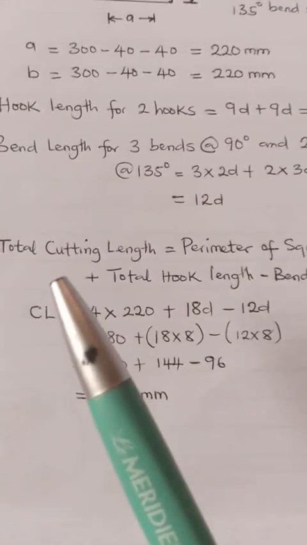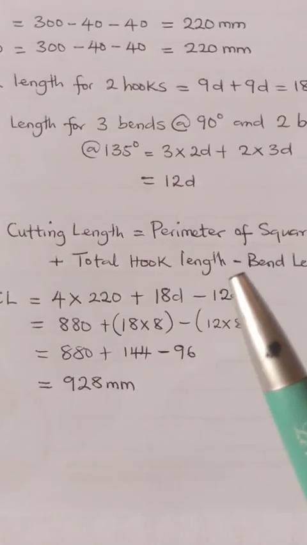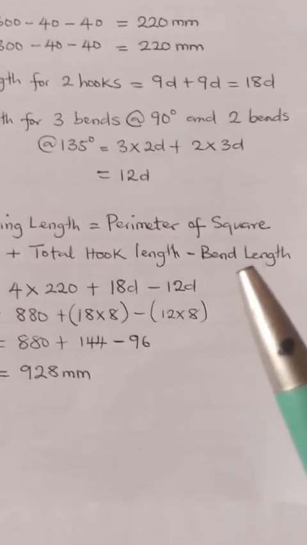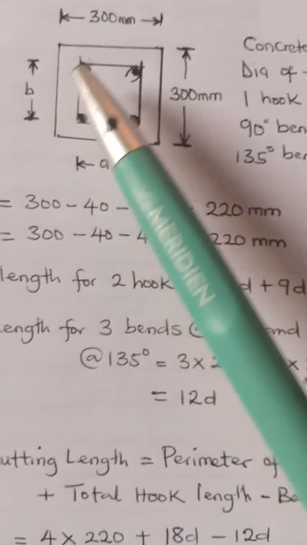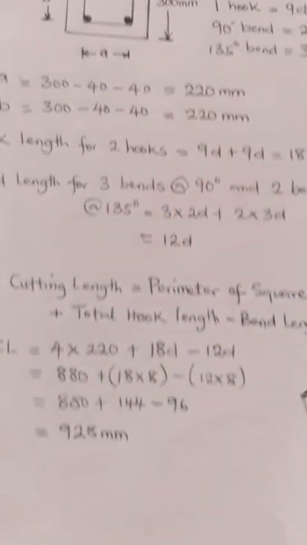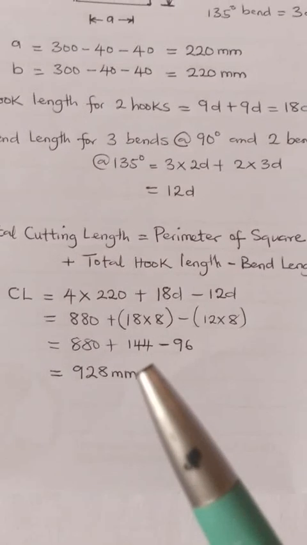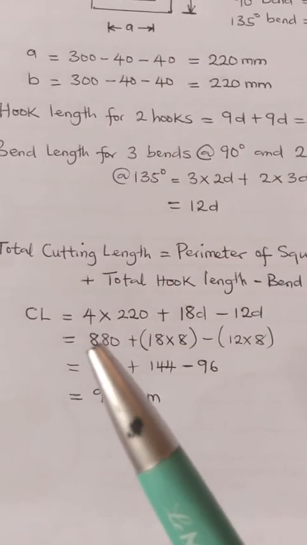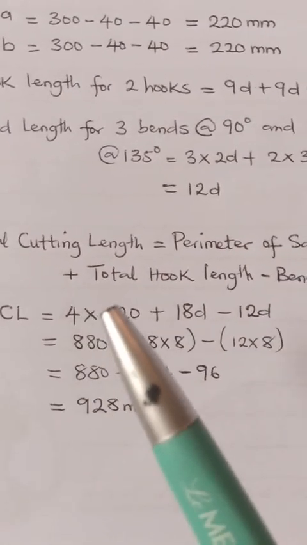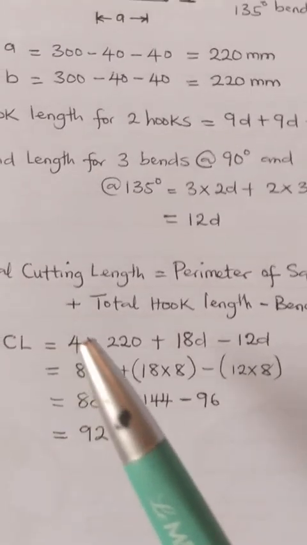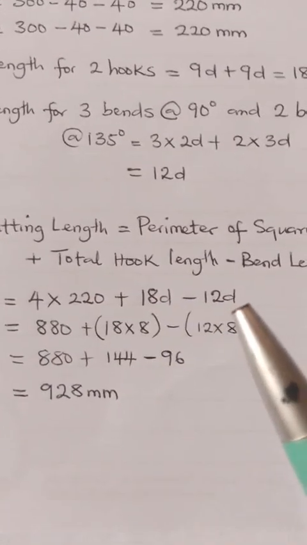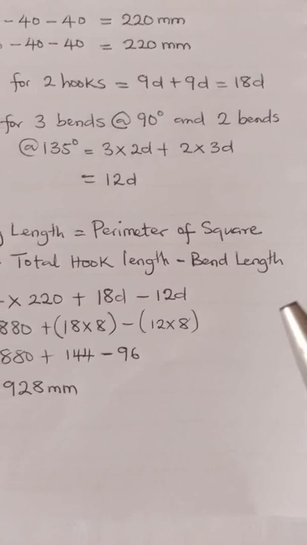All right, so we have total cutting length. That will give us the perimeter of the square. The perimeter of the square is the 4 sides of this square. So then we have perimeter of square plus total hook length minus bend length.